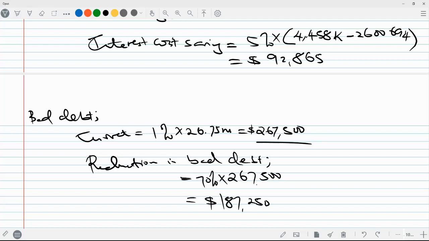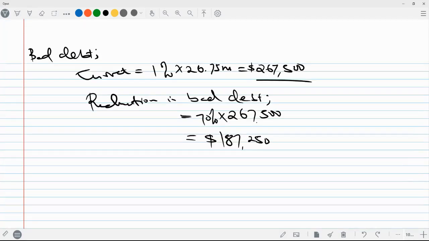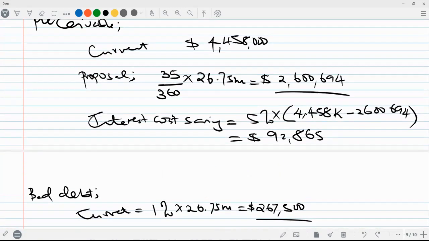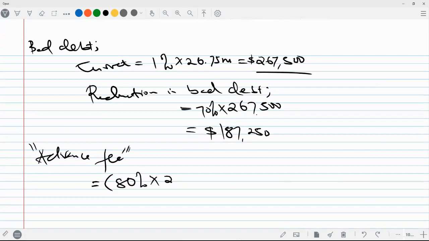The company would advance 80%. So next is the advance fee. The amount being advanced is 80% of the revised book value of the receivable, which is 2,600,694.